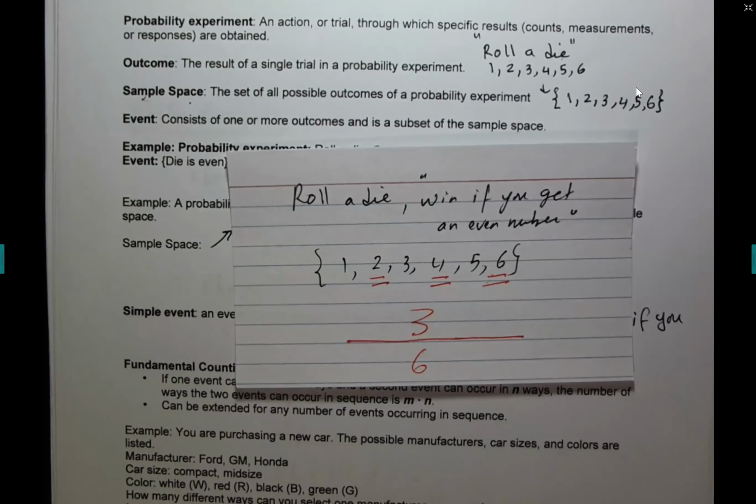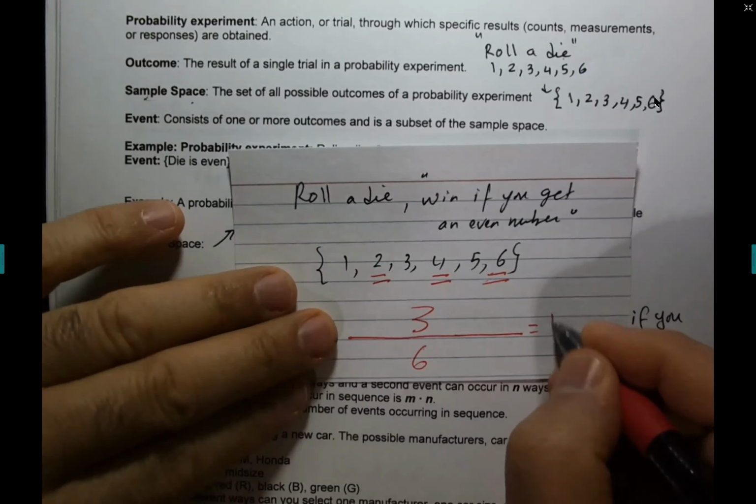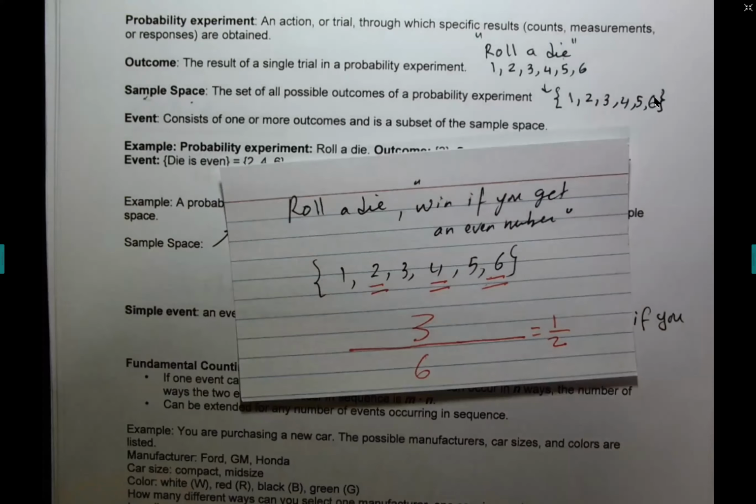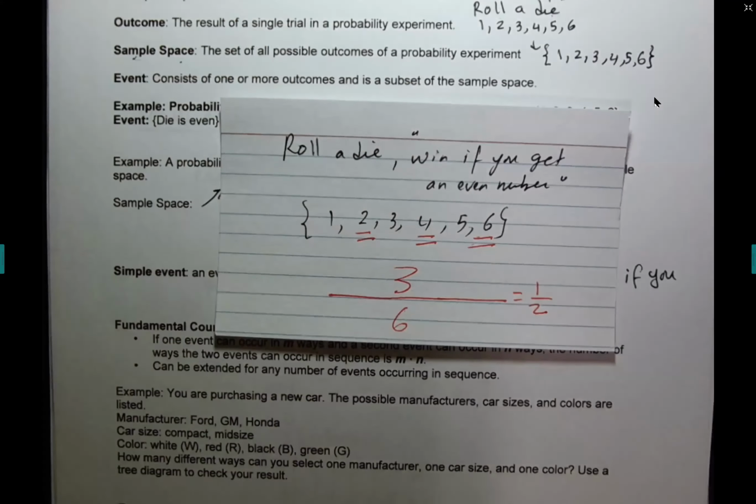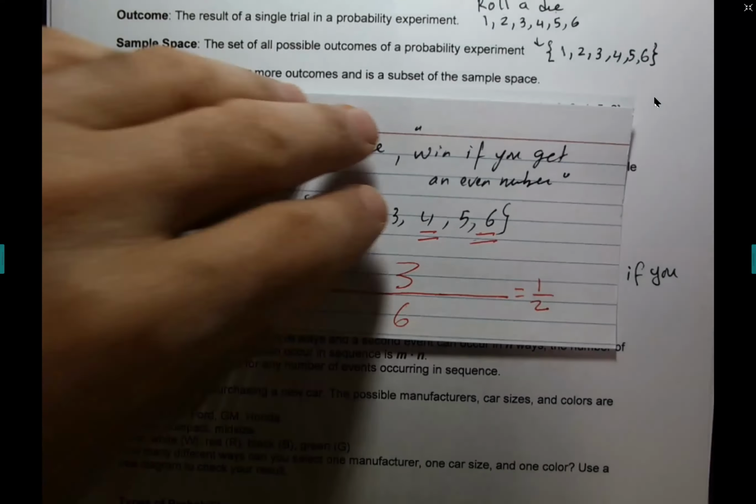So it's 1/2. This is the definition of probability. So I'm just giving you examples before I even put the definition of probability. So your chance is 50-50. You have a 50% chance of winning and 50% chance of losing.